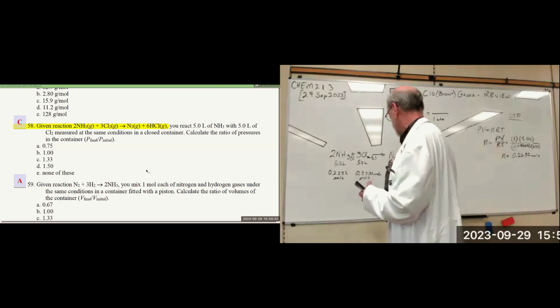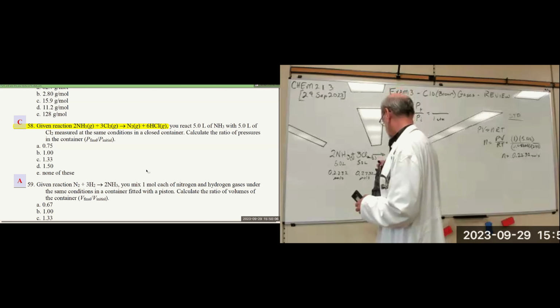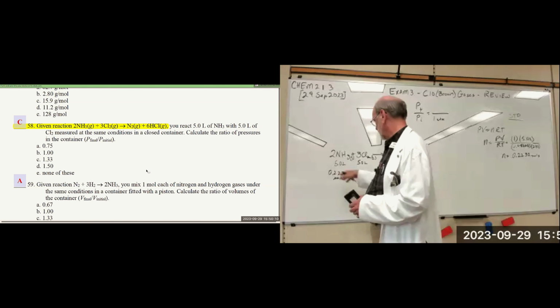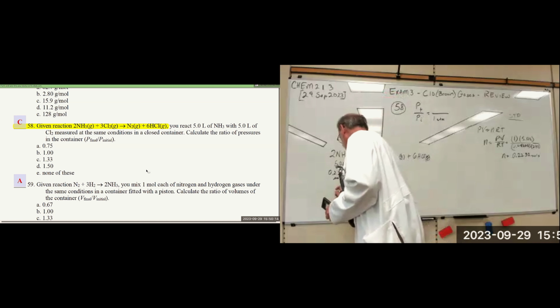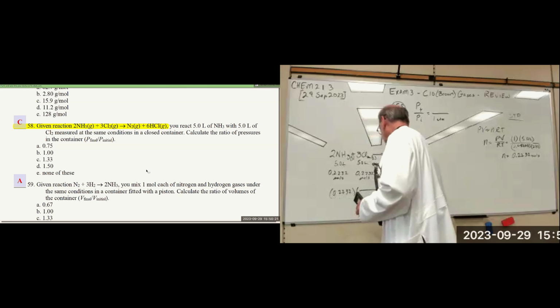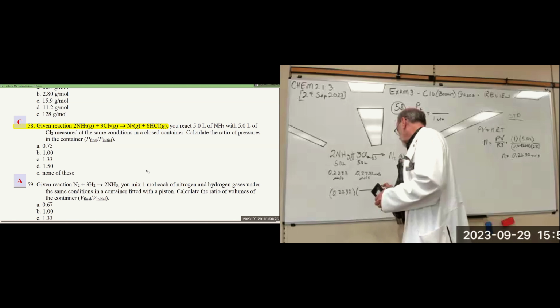Well, what we can say is, if we use all of this up, how much of this does it take? Right, that's ammonia. And then the ratio would put ammonia down here and chlorine up here.